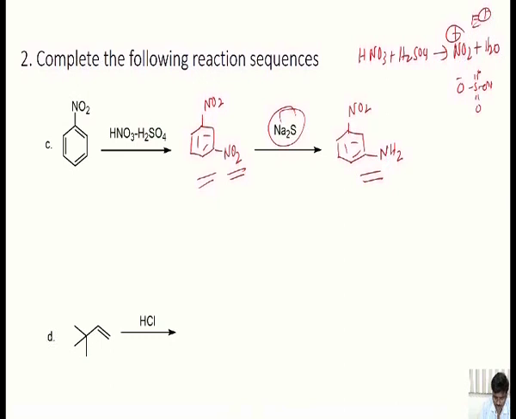Sodium sulfide is known to selectively reduce NO2. If you have the dinitrobenzene, one of the nitro groups will be reduced into an amino group, and the other one will be intact. Now, the position of this nitration is crucial here. The nitration takes place at the meta position. This is because if you try to write the resonance structures, you will be able to understand.